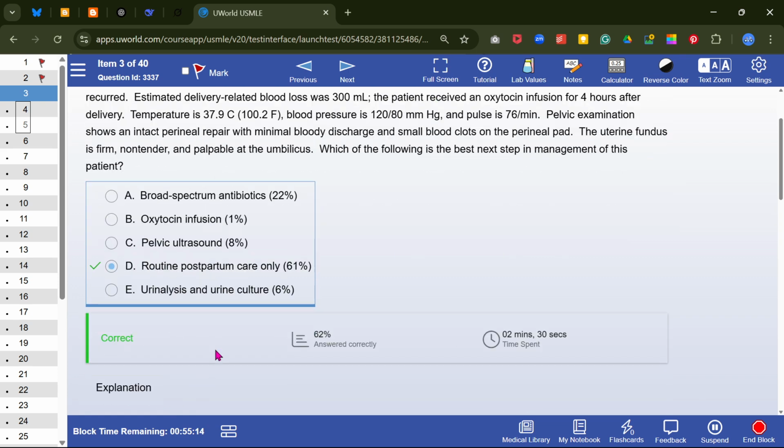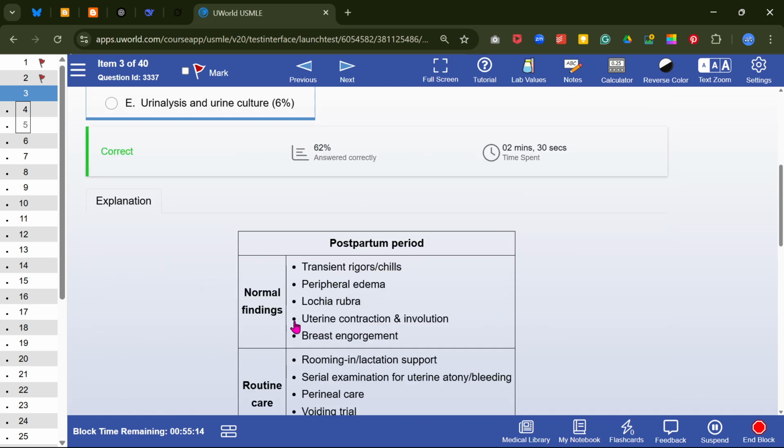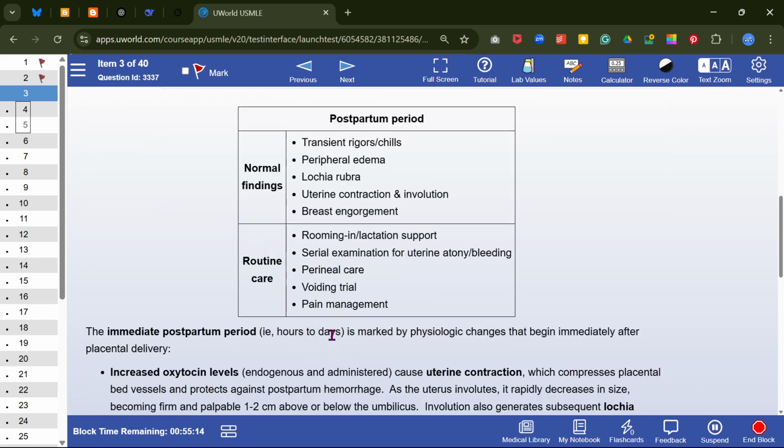I think normal. Yes, because of chills, and it can happen after fever. Even after surgery, there may be fever, like due to shivering. Okay.